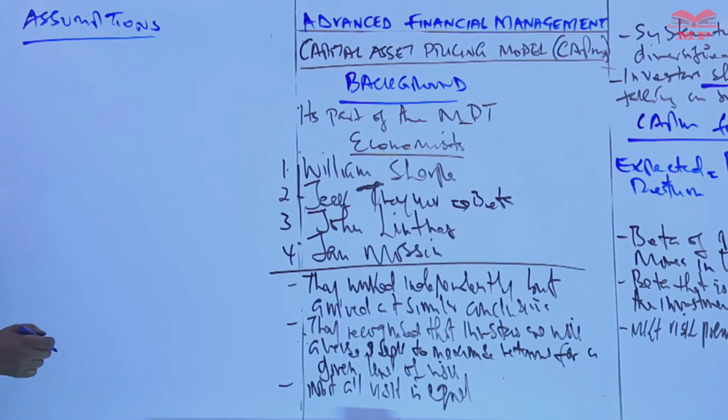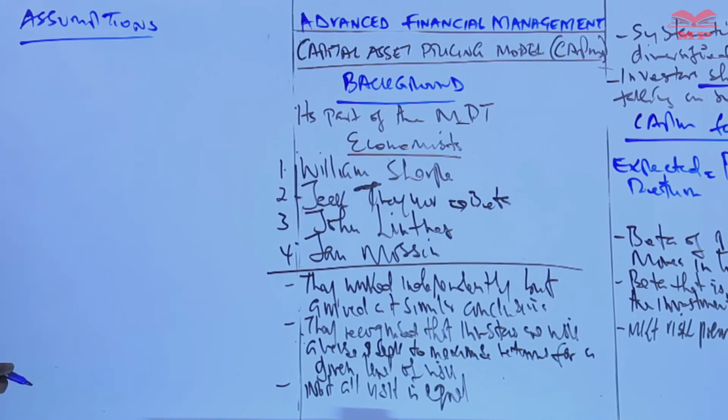Assumptions of CAPM. Now, CAPM is built on several assumptions. One assumption is that investors are risk averse. This is what all these individuals also agreed about.